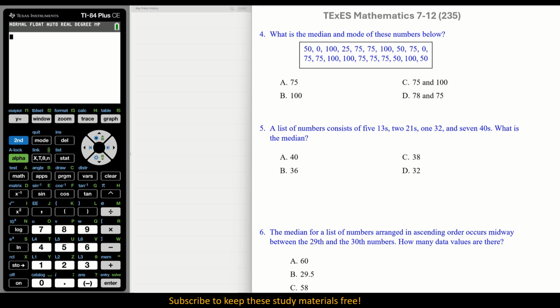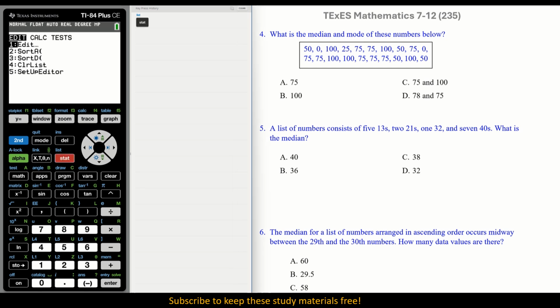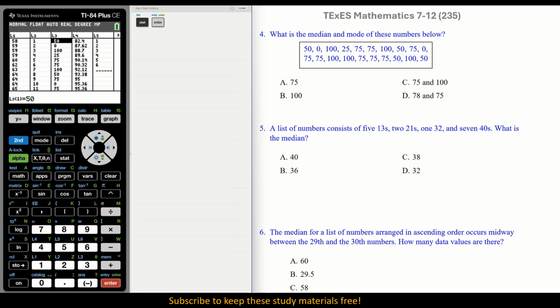Okay, number 4, what is the median and mode of these numbers? Again, we go to stat, we want to be on edit, which we are, and we push enter. All of the data is put into L3 for this situation.